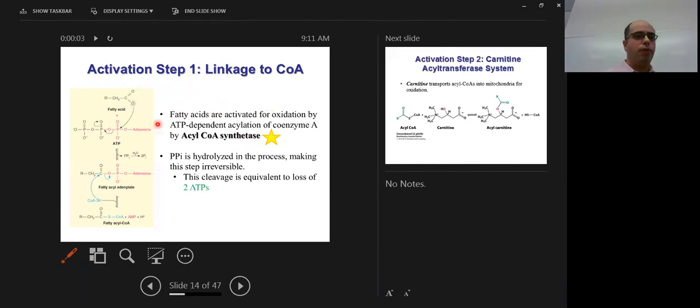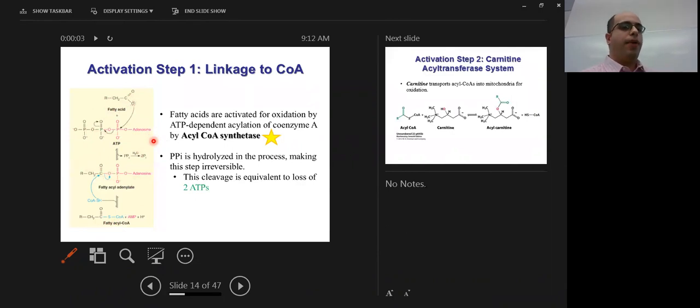Now, in doing so, you can see here's our ATP, where our adenosine is there, and then we have our triphosphate. And then we essentially will take that fatty acid and attach it onto that adenosine and a phosphate. And then from there, we will take that acyl group, that fatty acid, and put it directly onto our coenzyme A. To do this entire process, we are breaking up that ATP that we initially started with.